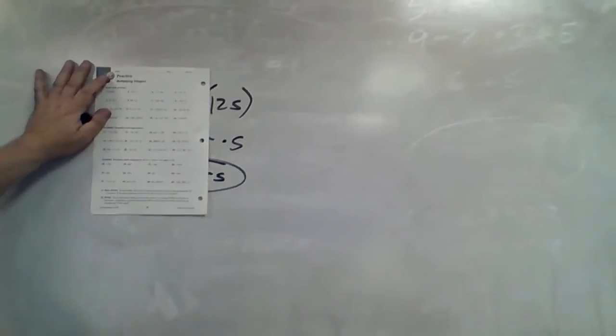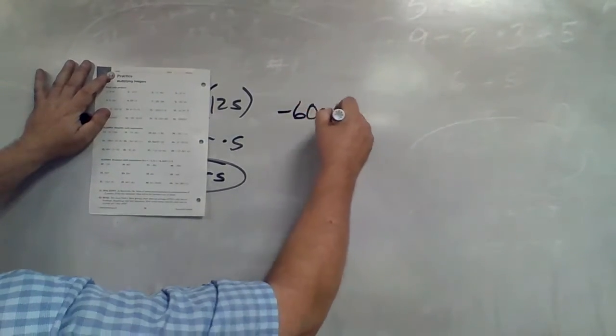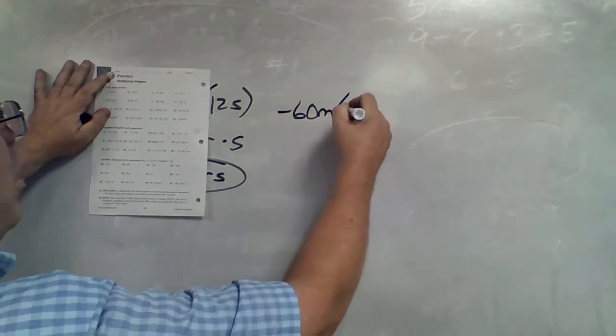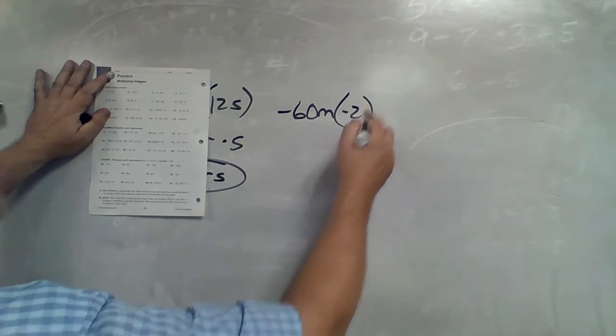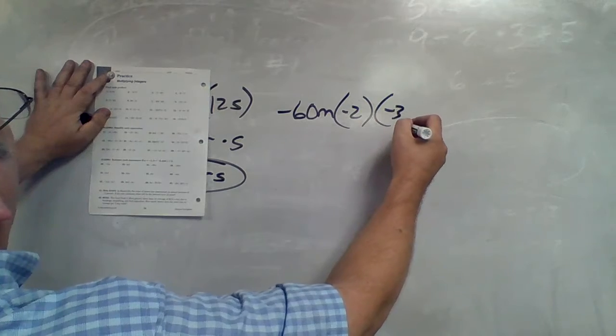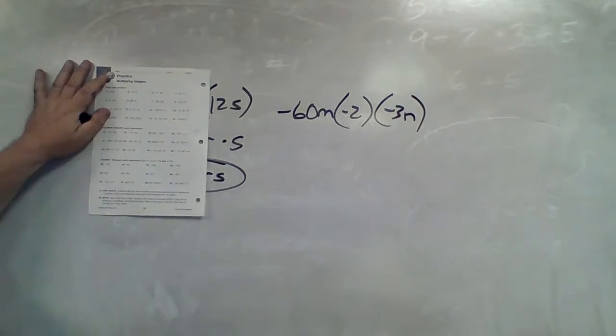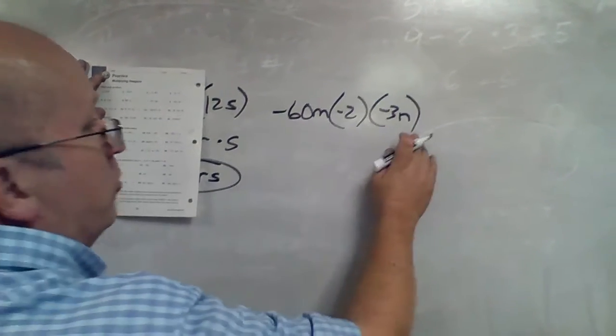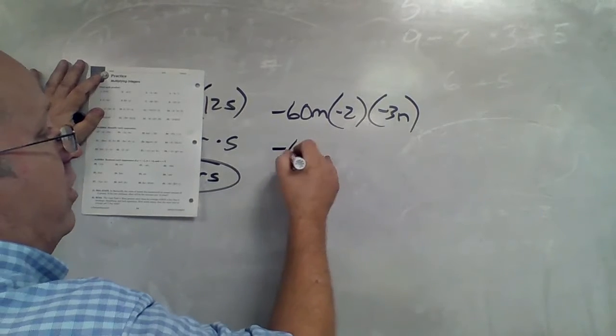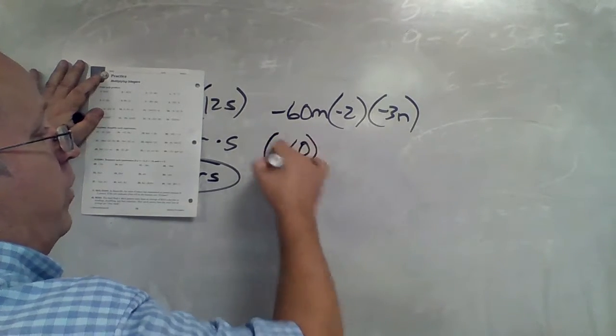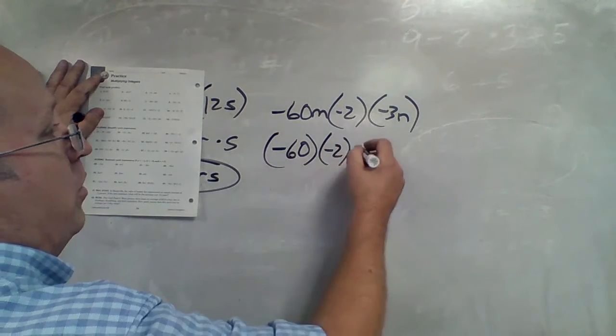What about something like this? Negative 60 times m times a negative 2 times a negative 3 times n. Remember, everything's multiplication, so we can rearrange things. We know about the associative property. We know about the commutative property.